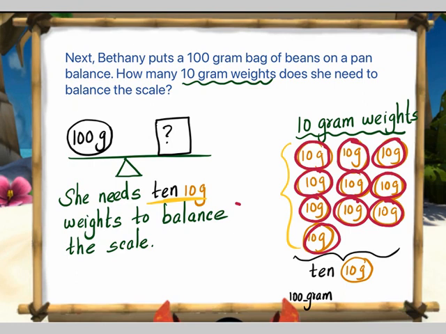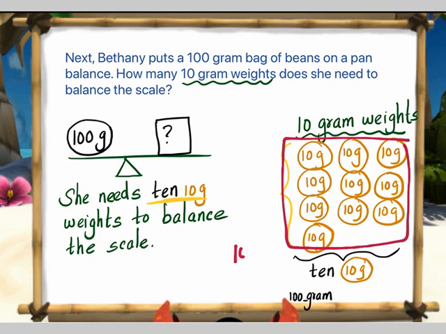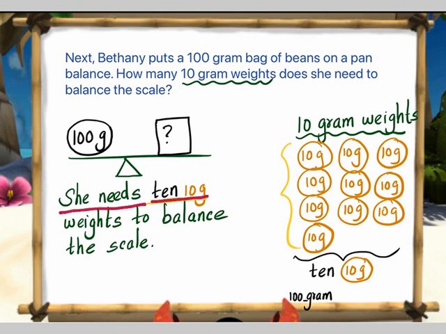So ten 10 grams will make 100 grams. The statement for this question will be, she needs ten 10 gram weights to balance the scale.